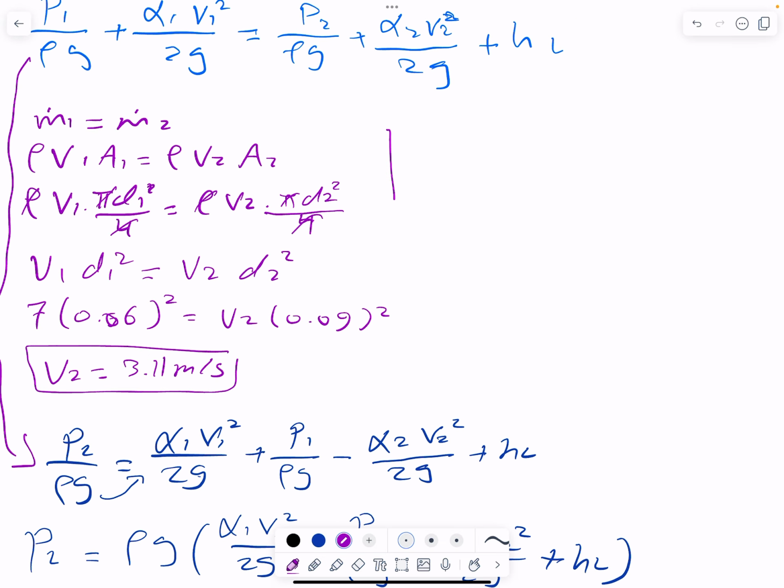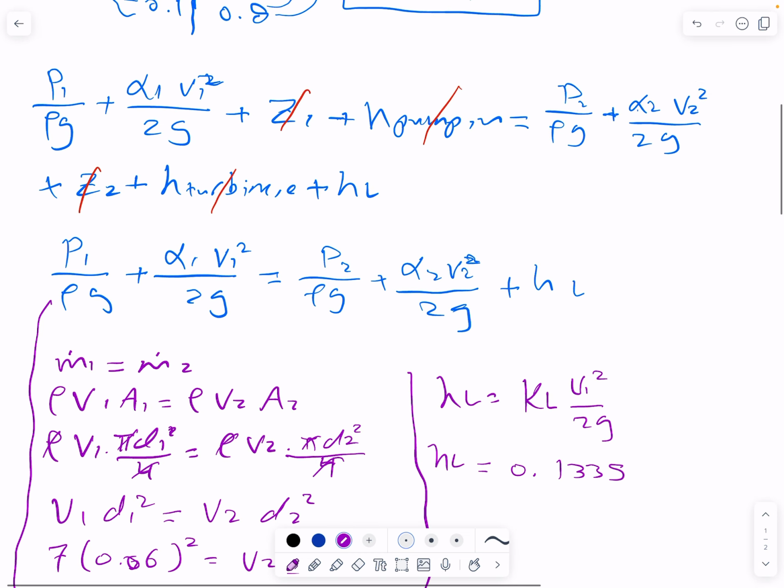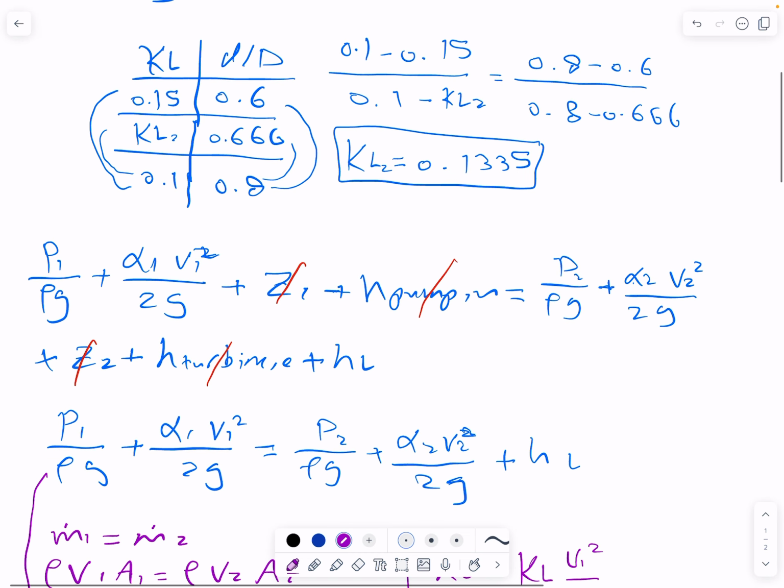What is the head loss? Head loss is equal to KL times V1 squared divided by 2g. So the head loss will equal to, yeah guys, I forgot to tell you, I already told you, 0.1335.